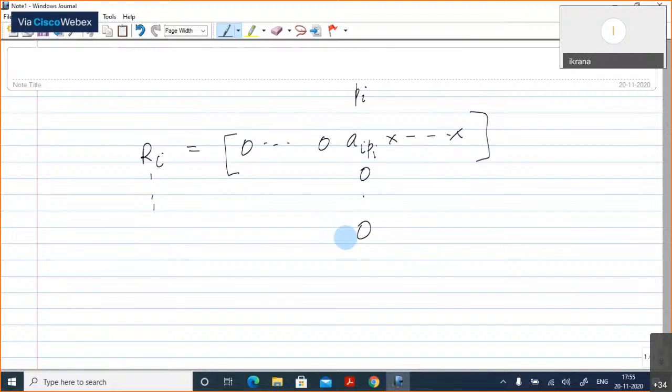I can make them zero even if they were not. Even if there was some entry here, by a row operation, because this is a non-zero entry, I could multiply it with a suitable scalar and add so that this becomes 0. So below that pivot, everything is 0.